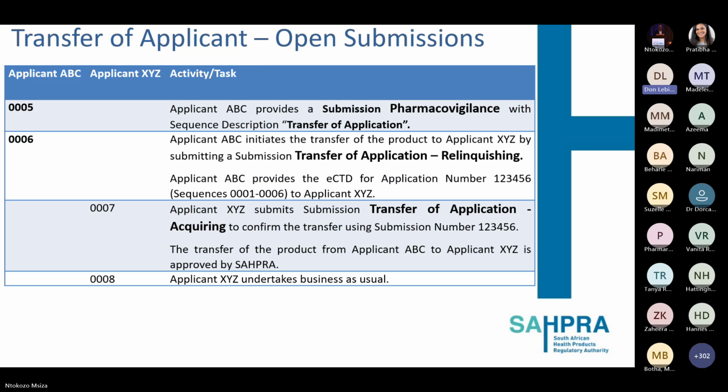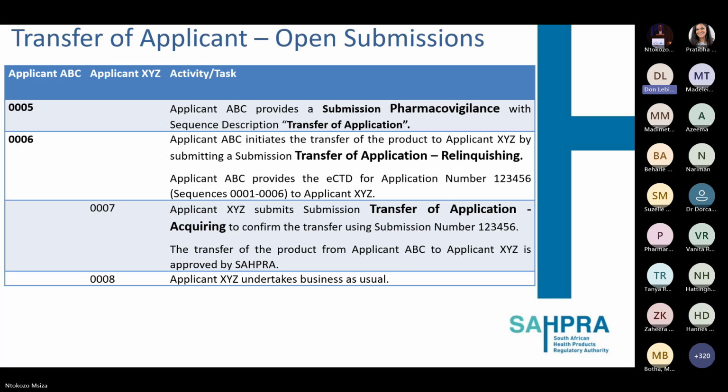Okay, and then on your sequence 5, as the relinquishing applicant, you submit the up-to-date PV information, and then on your sequence 6, you submit your TOA with submission type TOA relinquishing, and you hand over the entire life cycle, 0001 to 0006, to the acquiring applicant.